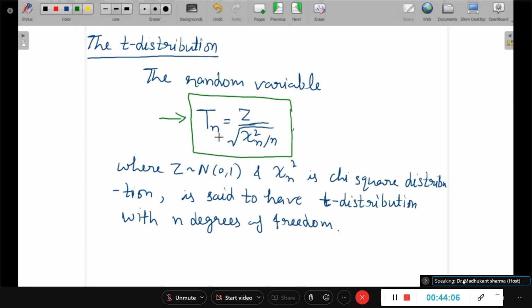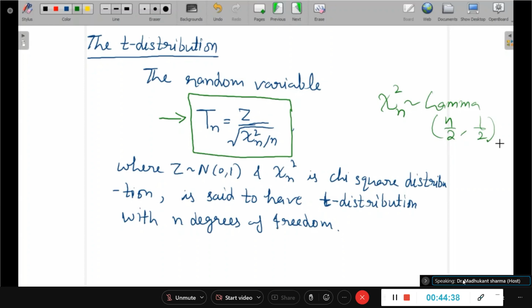Here n denotes the degrees of freedom again, and you can see Z, the numerator, follows the standard normal variate. And chi-n square, if you recall, will follow the gamma distribution with parameter n by 2 comma 1 by 2.